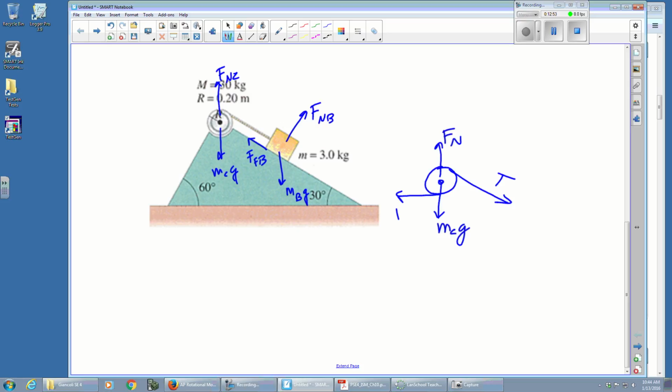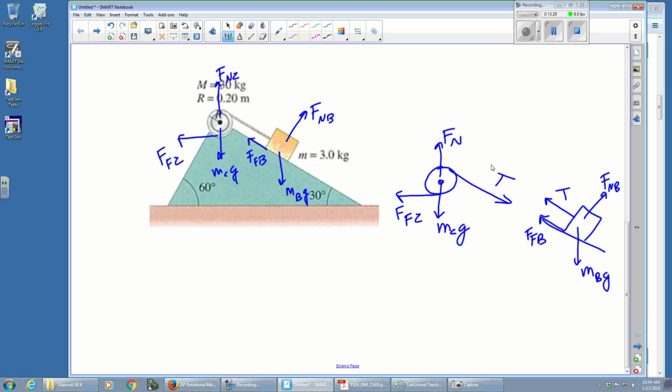And that's what I left off, sorry, the frictional force of the cylinder. And then on our box, do the box, force normal of the box, tension, frictional force on the box.